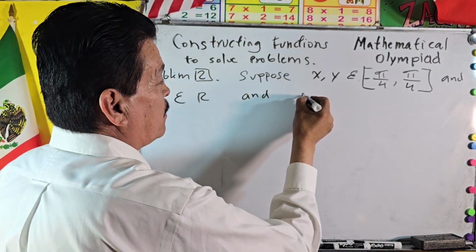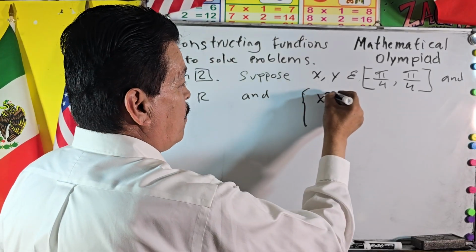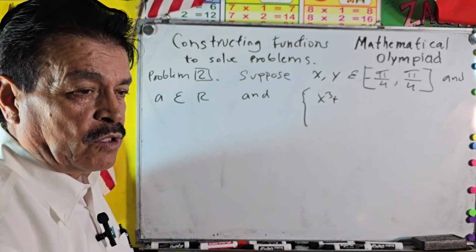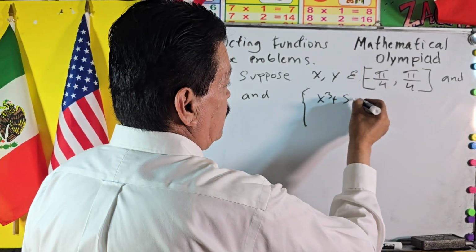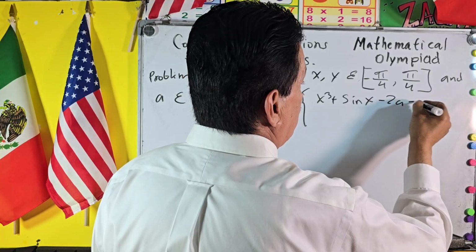Write these couple of equations. x to the third power plus sine x minus 2a equals 0.